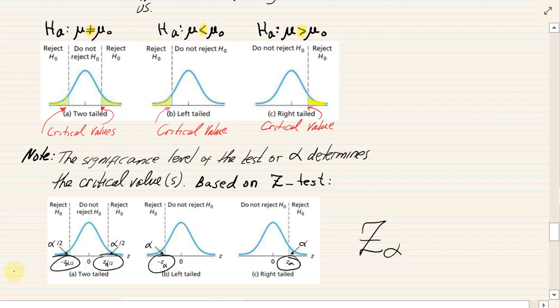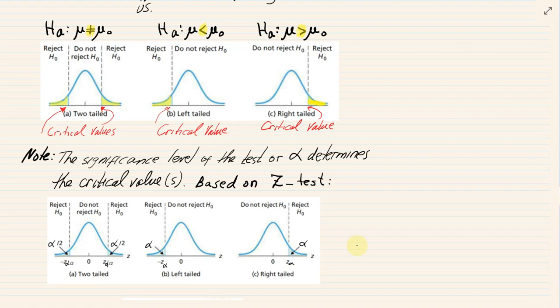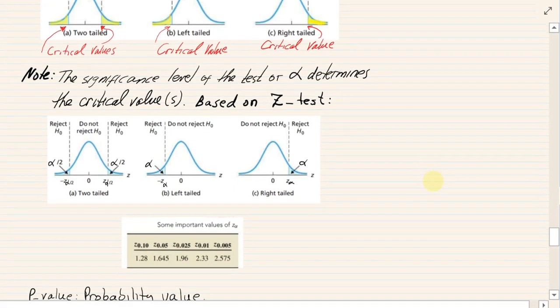All of them depend on alpha, which is the size of the test for all of them. Okay, and I guess that's good. Megastat will give us these cutoff points, the critical values.